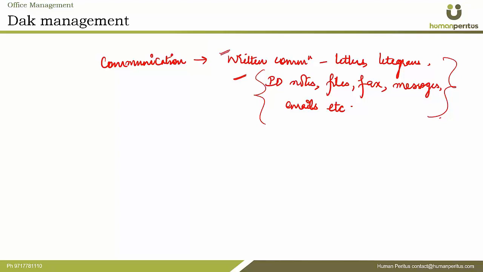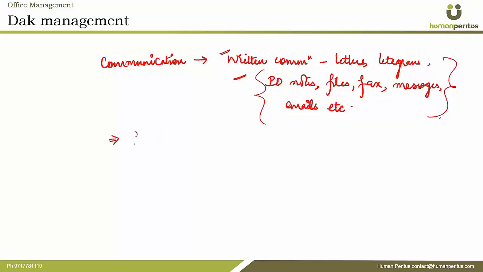Now, the question comes up: what form of communication? We have discussed it. Now, in an office or department, when a dak arrives, who receives the dak in the office? There must be a unit or a certain facility that receives the dak coming to an office or a department.